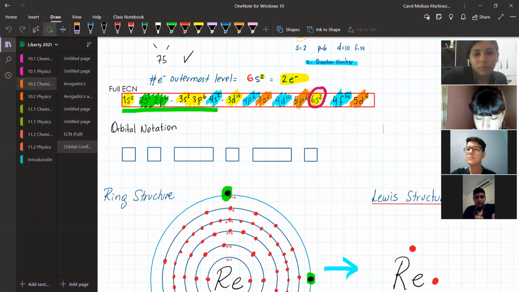With boxes, it's going to be one box per every quantum number.